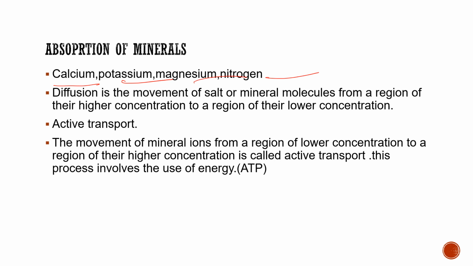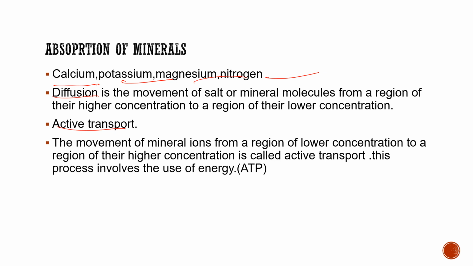Now the absorption of these minerals by the roots is by the process of diffusion or active transport. So how does diffusion happen? Sometimes the concentration of minerals is higher in the soil than inside the root hair cells. This is when the root hair cells absorb the minerals by diffusion. And what is diffusion?